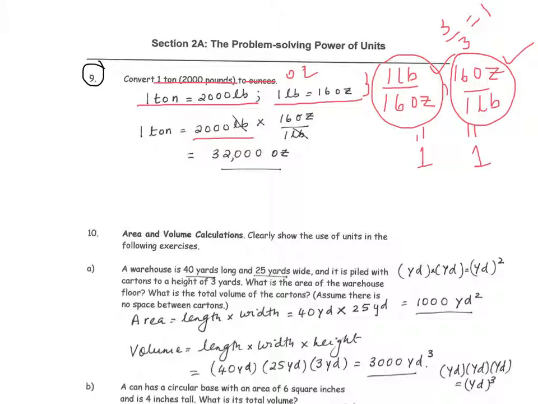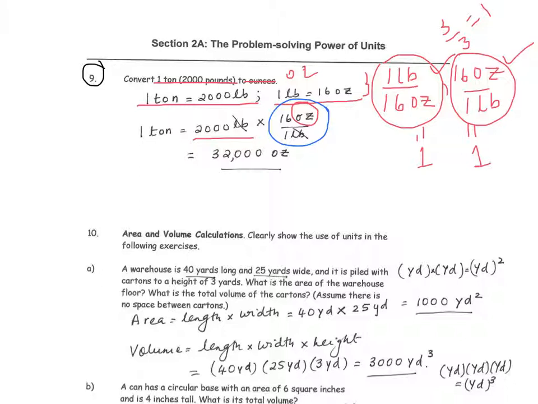We want to cancel pounds because we want to change the pounds to ounces. So we want to cancel off the pounds and make sure that ounces is in the numerator. So therefore, we choose to multiply with the fraction 16 ounces over 1 pound.